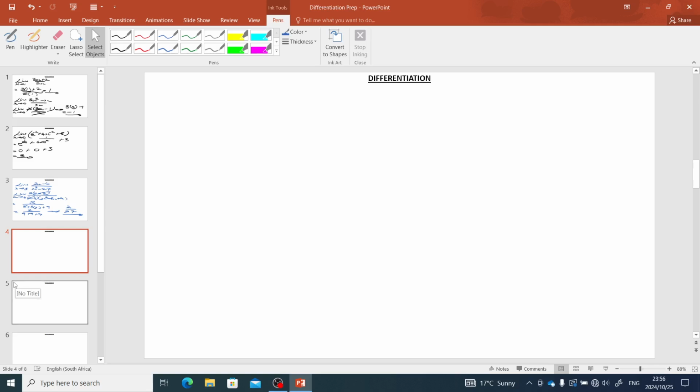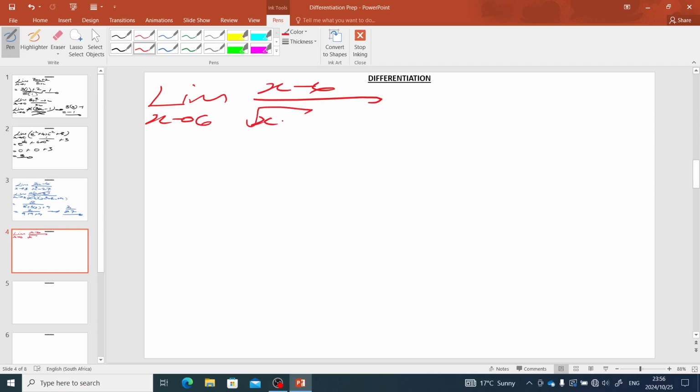Then let us look at the last example. We are given the limit as x approaches 6 of x minus 6 divided by the square root of x plus 3, minus 3.